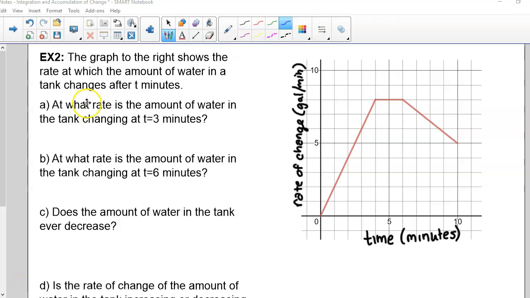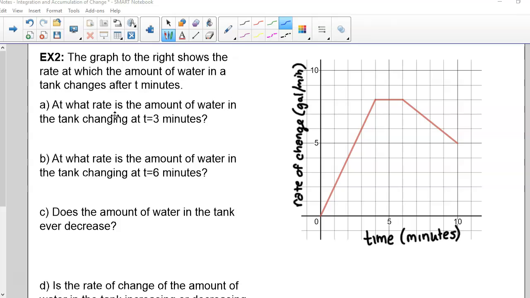For A, at what rate is the amount of water in the tank changing at t equals 3 minutes? The 2 is not right. The 2 would be right if this graph showed us the number of gallons in the tank.